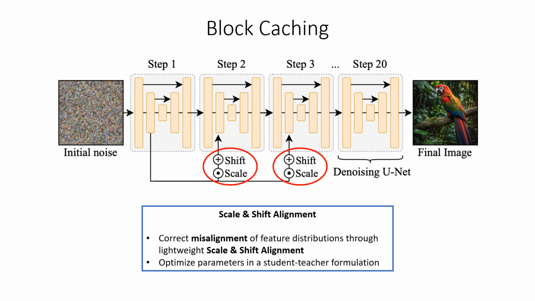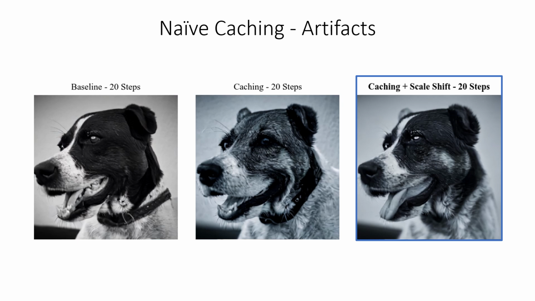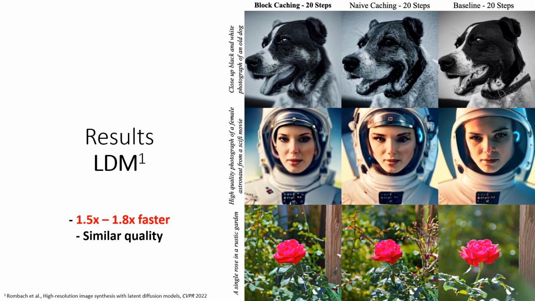The parameters of this alignment are optimized in a student-teacher fashion, and the extra cost during inference is marginal. As you can see, scale-shift alignment fixes the artifacts issue. The image generated with caching now has the same visual quality as the baseline, while being significantly cheaper to generate.